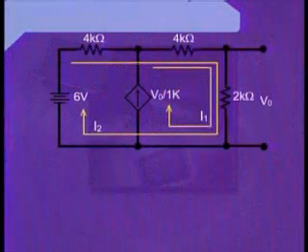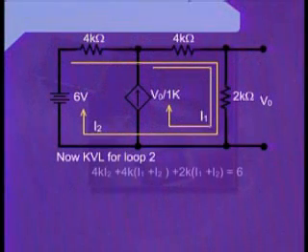Now the Kirchhoff's voltage law applied to the mesh number 2, which is the super mesh as well, we can write the equation for this mesh as 4K into I2.